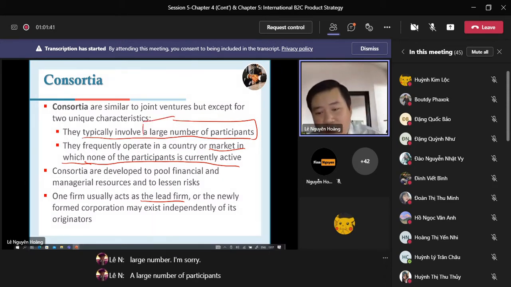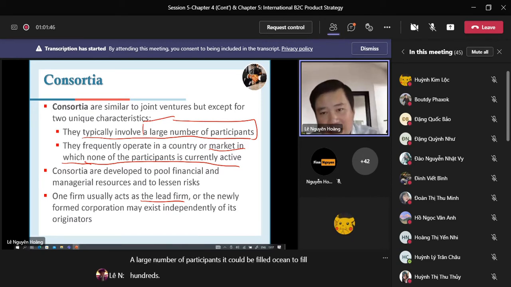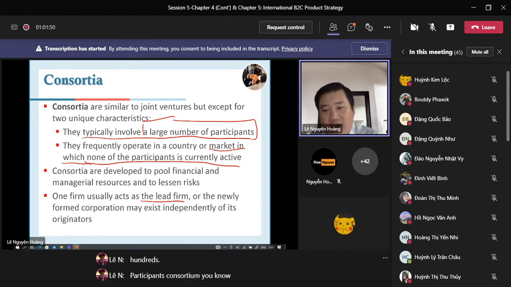It could be a few dozen to a few hundred participants in a consortium, from many different countries joining together. And usually they look for a market in another country, not the country of any participants.